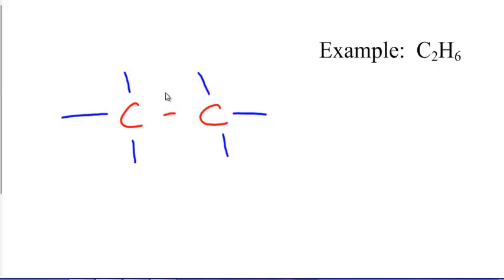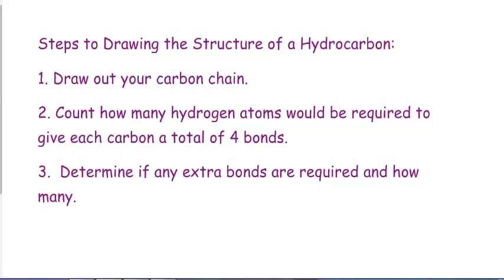So notice what I really need to fill these carbons is 6 hydrogens. So now I'm going to ask, do I need any extra bonds, or do I already have enough hydrogens to fill up what will fill carbon up?